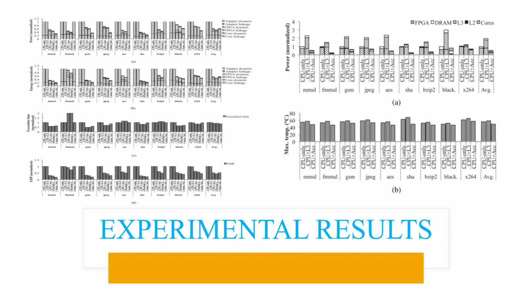This indicates that CPU plus ACC does not aggravate the thermal problem, which is a major problem in 3D ICs. On the contrary, it helps to alleviate the thermal problem.